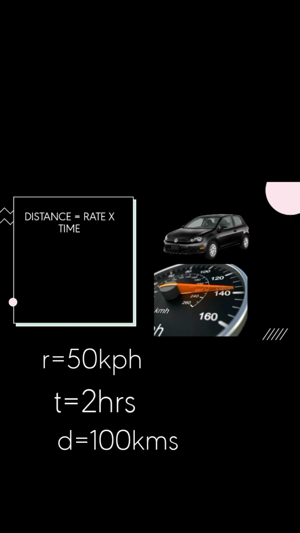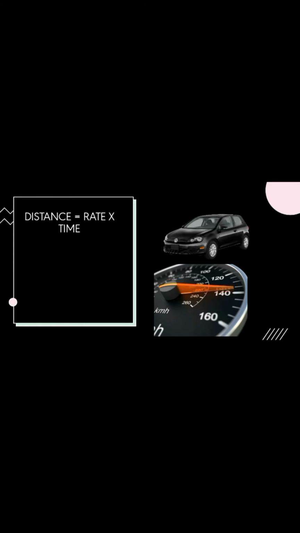It will cover a distance of 100 kilometers. So this is the formula. Distance is equal to the rate times the time, or D is equal to RT. It can also be D is equal to T times R, because interchanging the two will not matter.